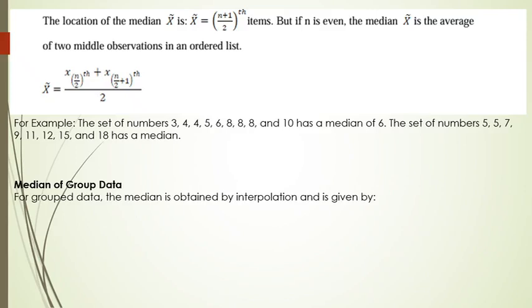From here we have 3, 4, 4, 5, 6, 8, 8 and 10. From here you can count 1, 2, 3, 4, 5. So which number falls in the middle? The number that is in the fifth position is 6.